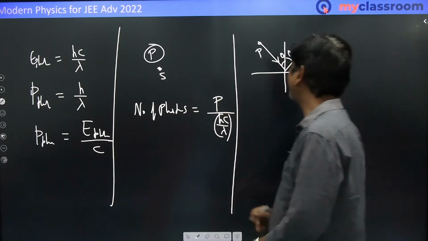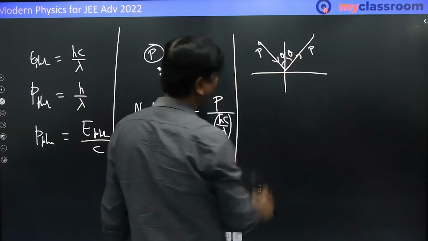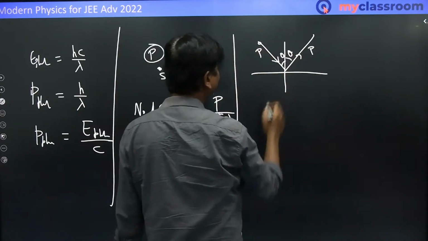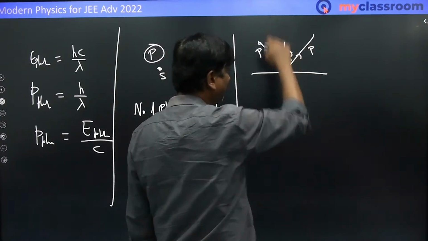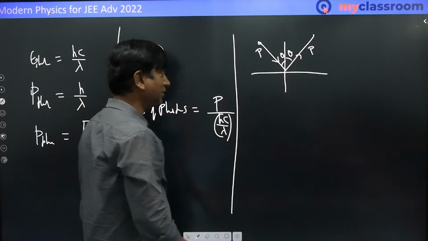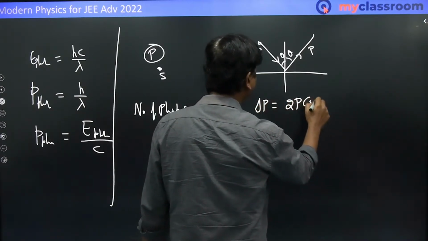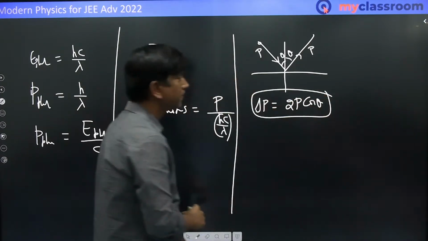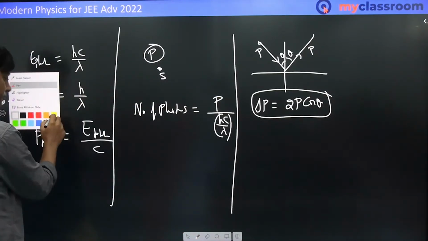The momentum changes only in the common normal direction, perpendicular to the plate. You have the components p cos theta and p sin theta. In the direction along the plate, momentum is not changed. So the change in momentum is 2p cos theta. I hope that is clear to all the students.